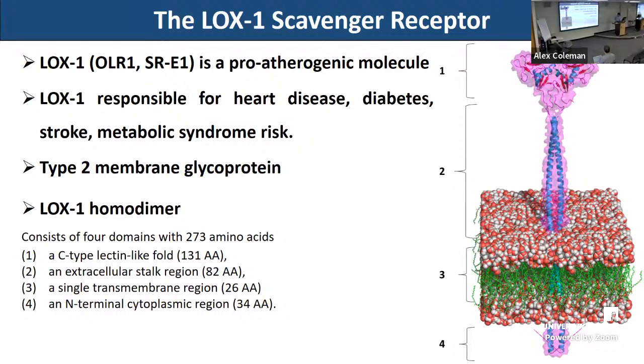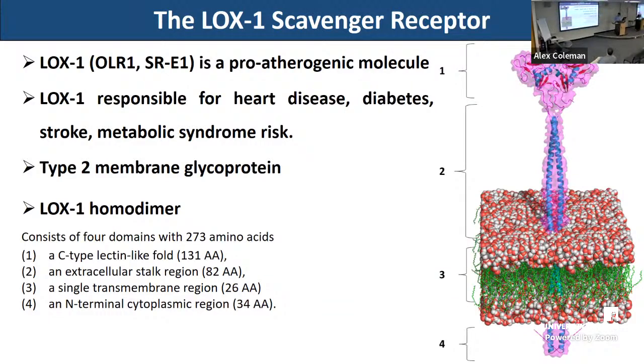the C-type lectin-like fold, which contains 131 amino acids, which is present here on the top of this, number 1. And the second one is the extracellular stalk region, which contains 82 amino acids, which is this region. And the third one is present inside the membrane, which is called a single transmembrane region, which contains 26 amino acids.